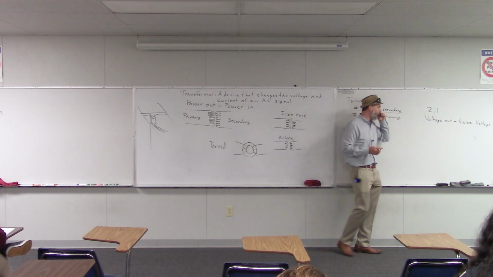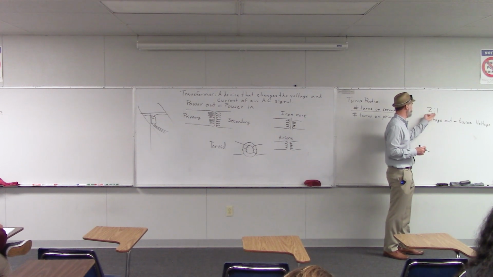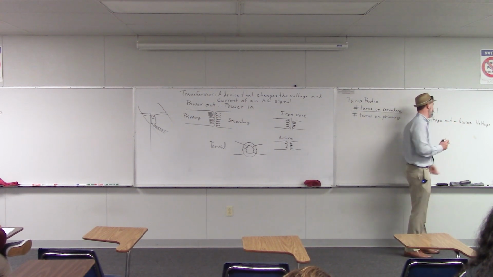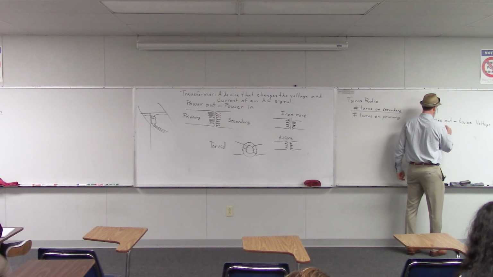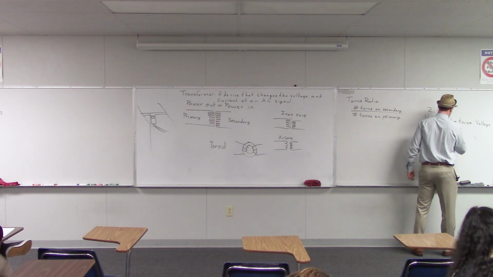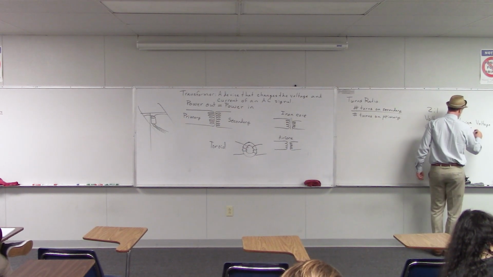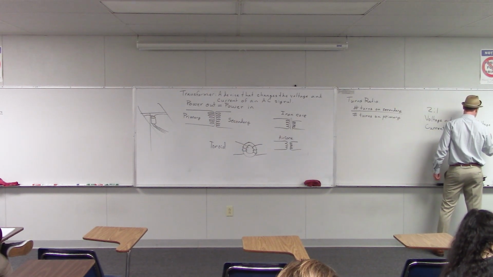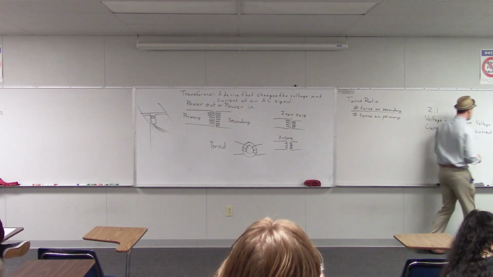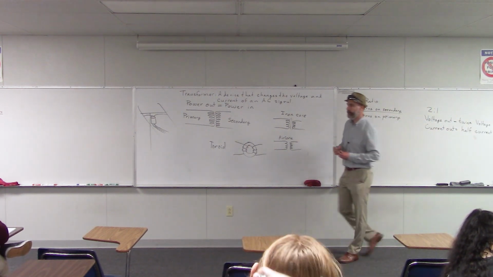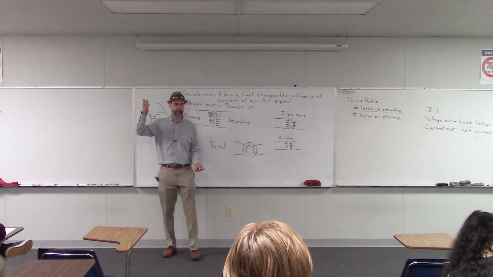So if you have a 2-to-1 turns ratio, the voltage out is twice the voltage in, but the current out equals half the current in.